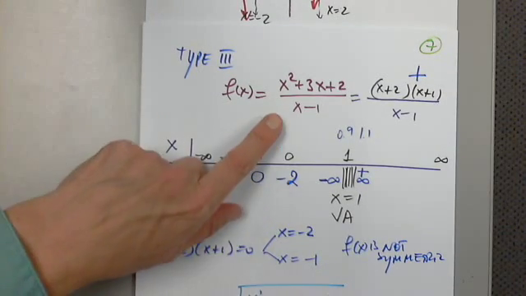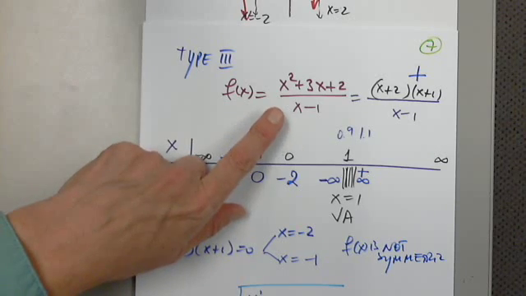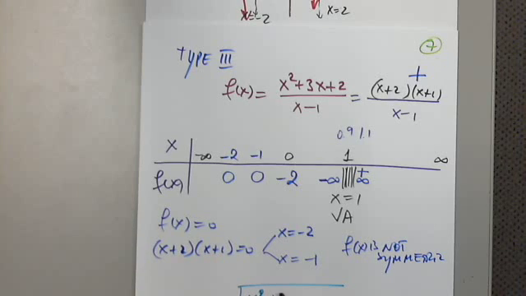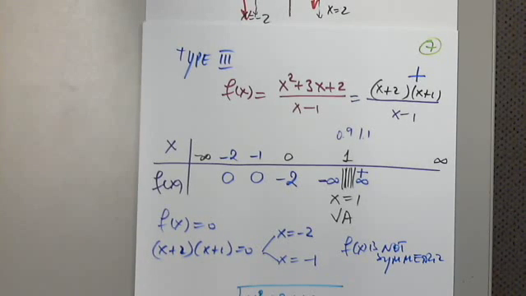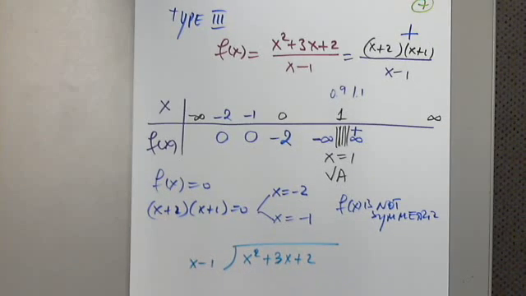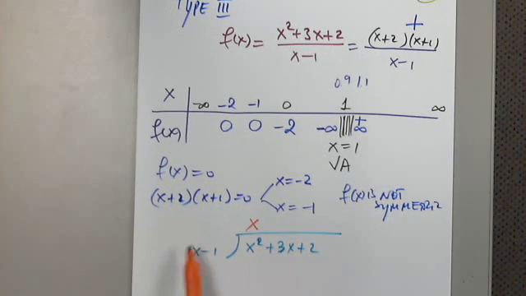So are they both in descending order? Is there a missing term from the top? No. So I have x squared plus 3x plus 2 divided by x minus 1. Okay. So first step. x times what is x squared? Very good. So let's go back and distribute. Exactly.